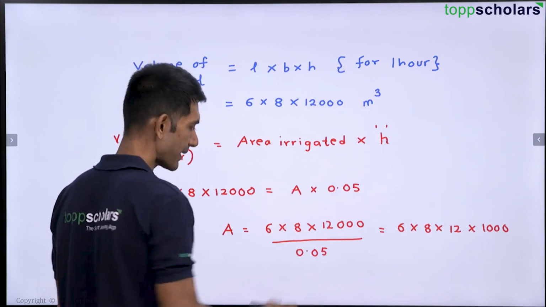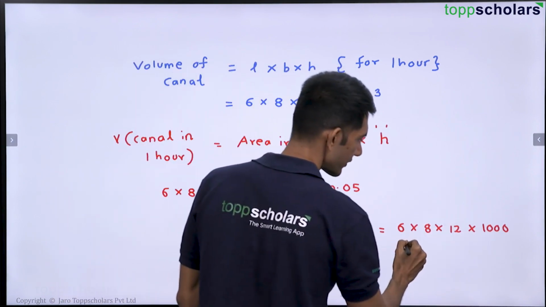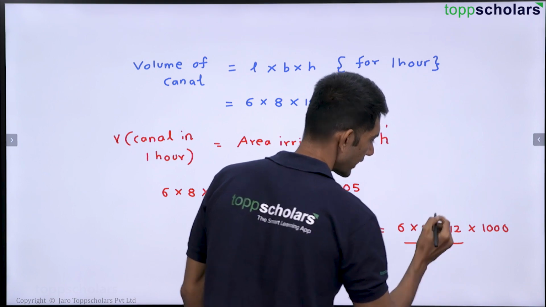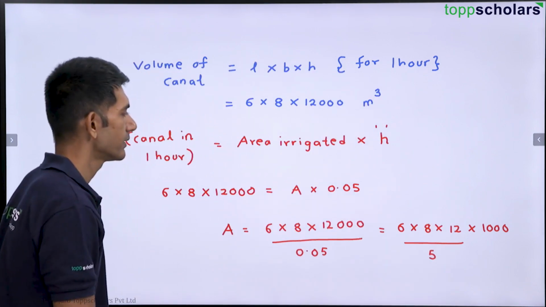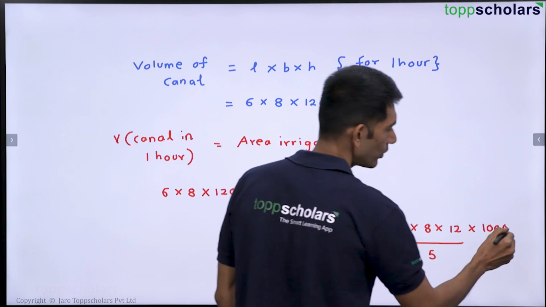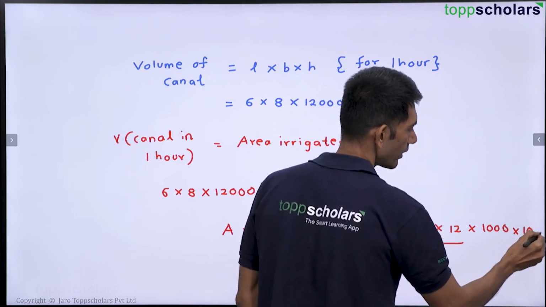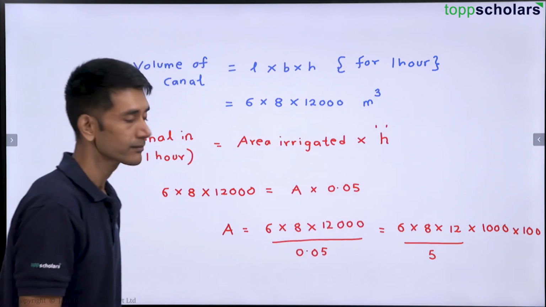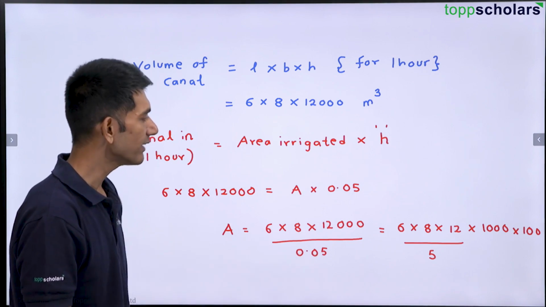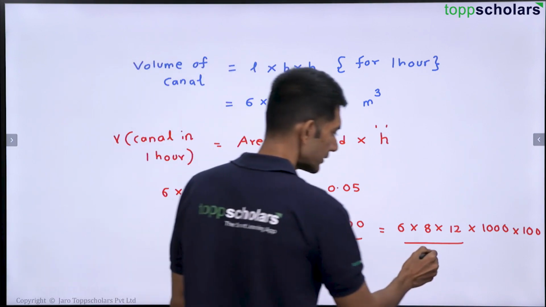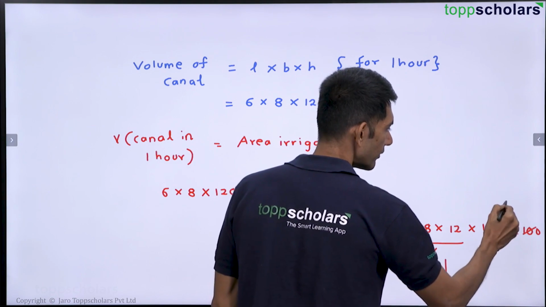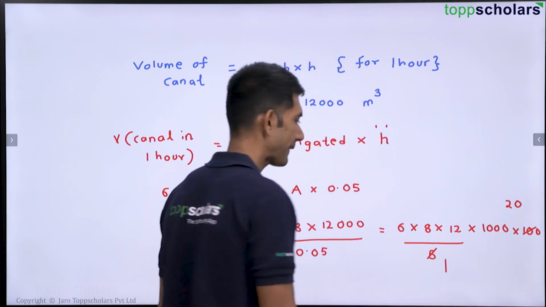This is 1000 separate. I am making this as 5 into 100, because 2 zeros I have considered there. So 5 ones are 5, 20s are, correct.